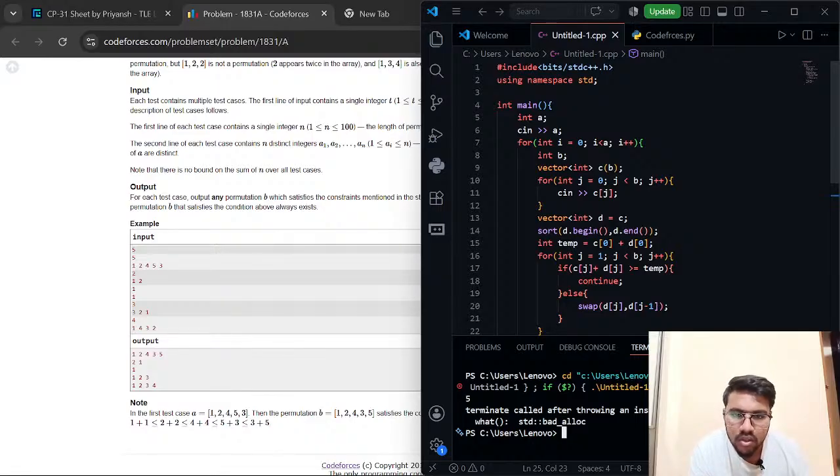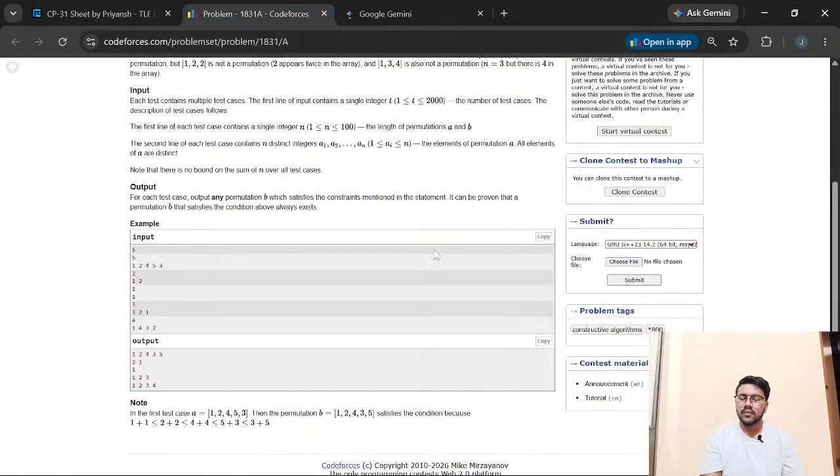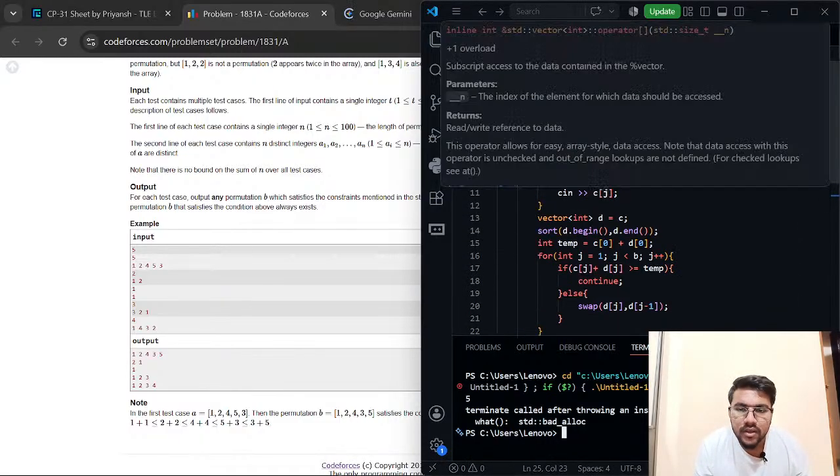Doing into vector. What is this error called? I'm seeing this for the first time. Where did I do the mistake?